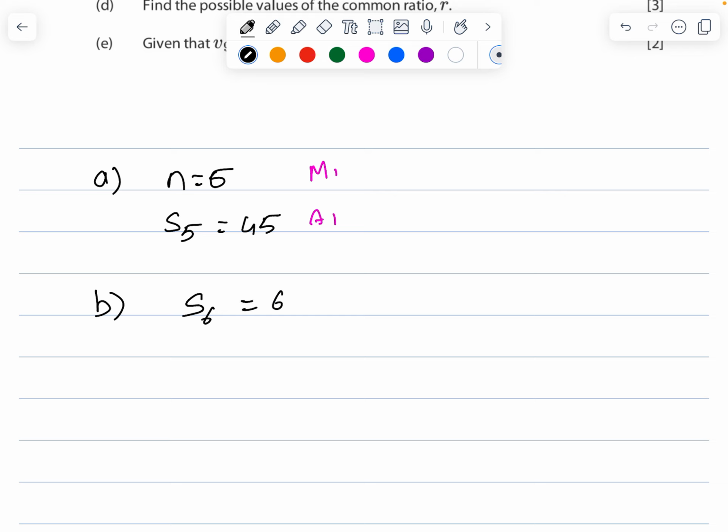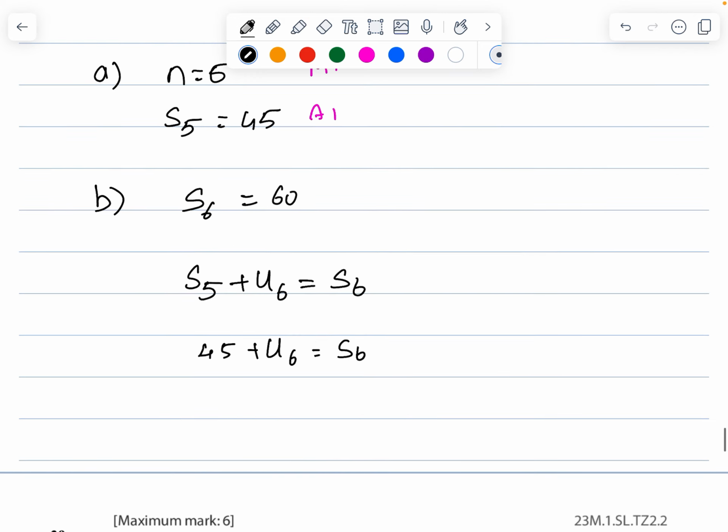S6 equals 60. S5 plus U6 is nothing but S6. S5 is 45, so 45 plus U6 equals S6. So this gives me U6 equals 15. So a method mark over here and an accuracy mark over there.